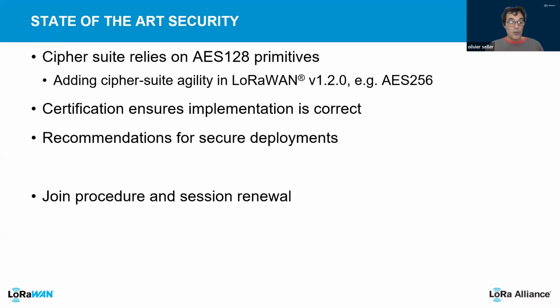That's why the LoRaWAN protocol by itself is designed to be secure. We are adding cipher suite agility in LoRaWAN version 1.2.0, the upcoming release of the LoRaWAN protocol. For instance, it will be possible to initiate a session using AES-256.